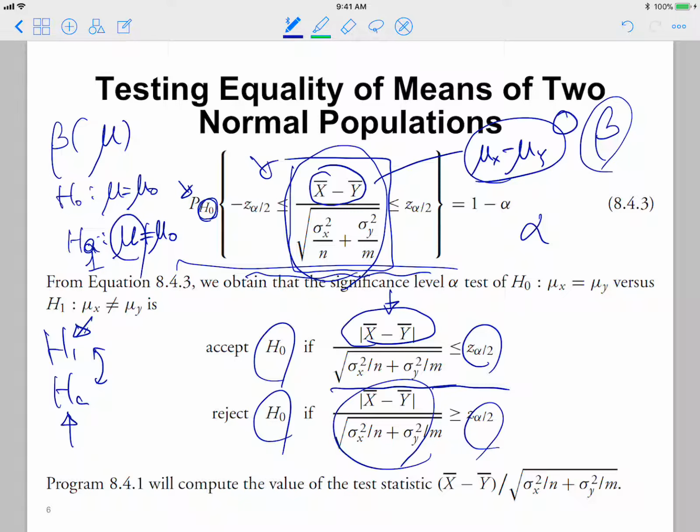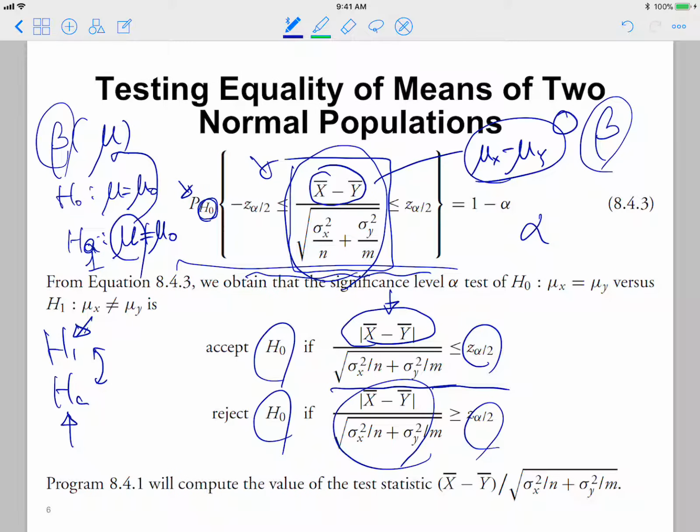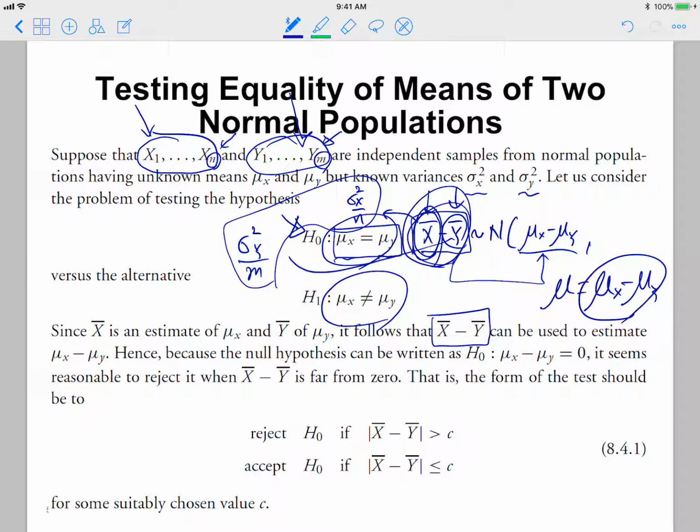In this case, mu was our parameter that determines the probability of type 2 error, right? So in this case also, we consider this situation in the alternative hypothesis. So we have to introduce the parameter as mu x minus mu y, and our beta will be a function of this mu value, right?